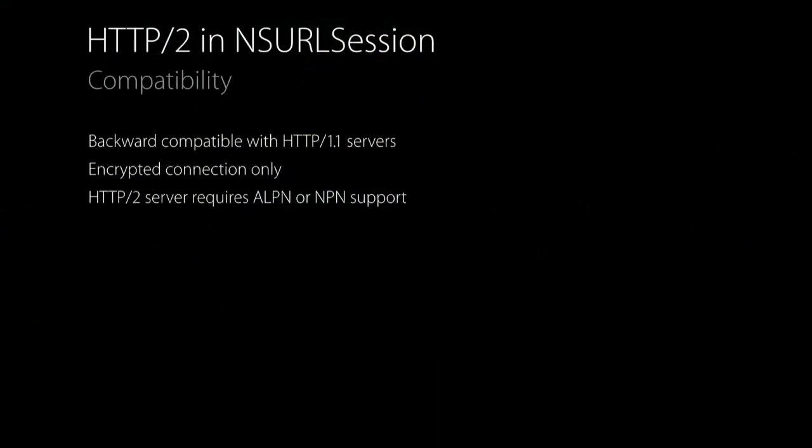If you do not deploy an HTTP 2 server yet, then your apps will use HTTP 1.1 directly, or the best available protocol will be selected automatically for the network communication. Once you start using a web server which supports HTTP 2, there is no additional work needed.